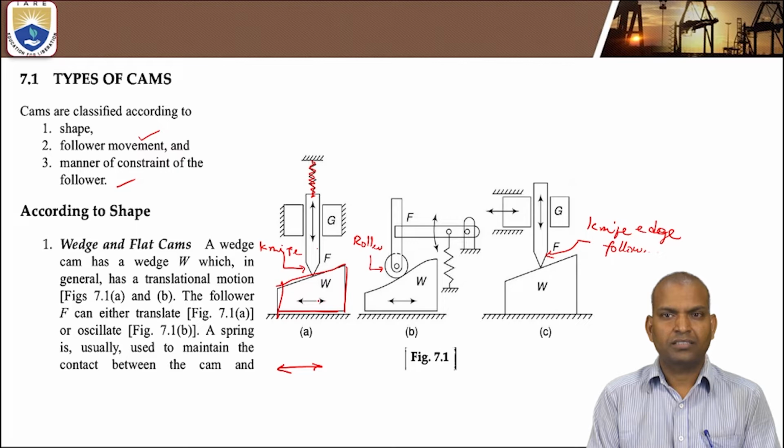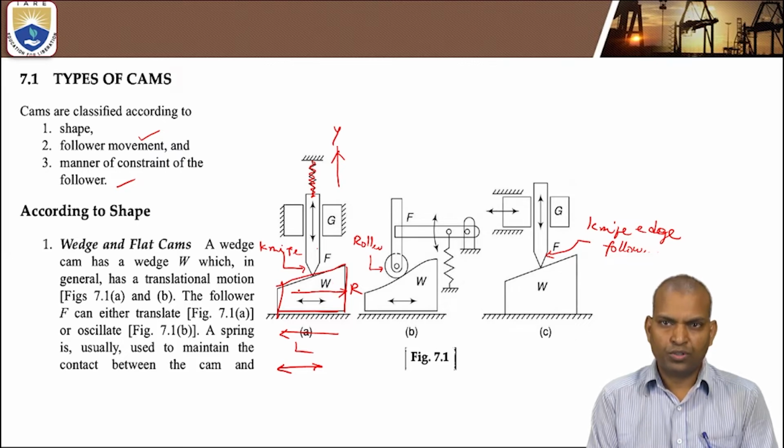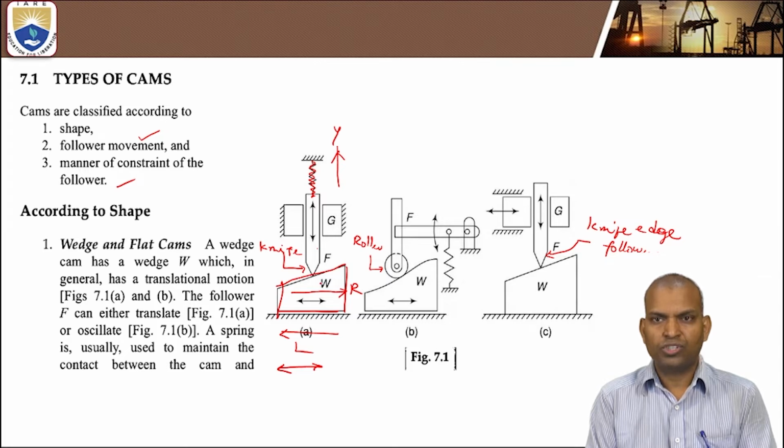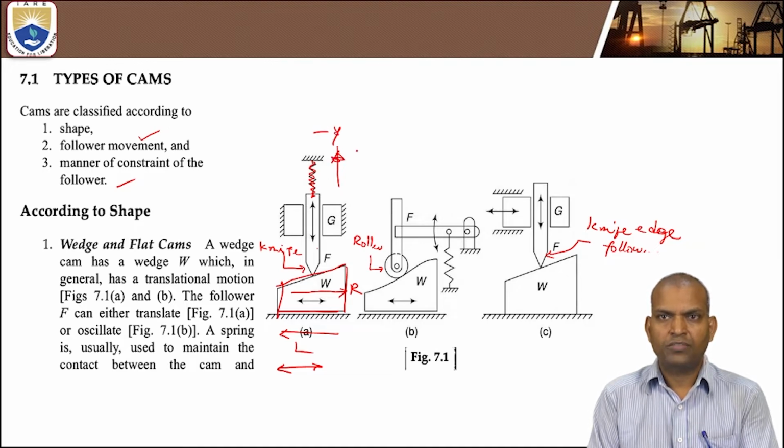Then what will happen? When the wedge is moving towards the right side, the follower will rise upwards in the positive y direction.